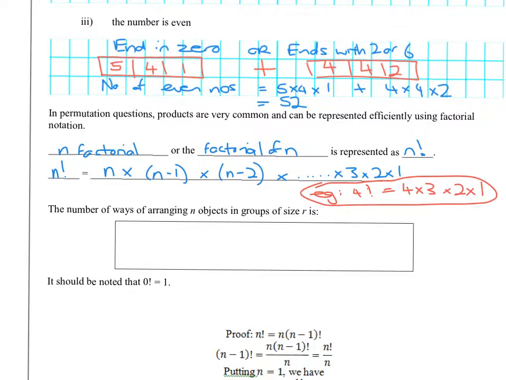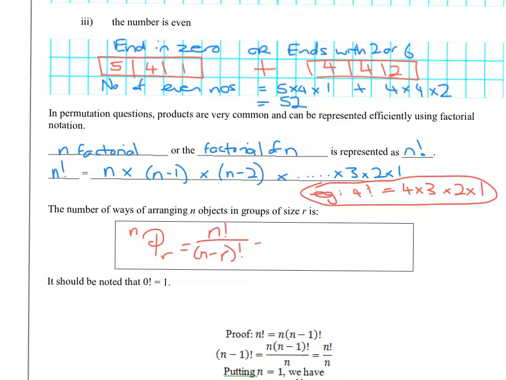And we would represent that by P, standing for permutation, of n objects in groups of size r. And that has a specific formula. That formula is that it is equal to n factorial, so the n objects, divided by n take r factorial, where r is the size of your group.